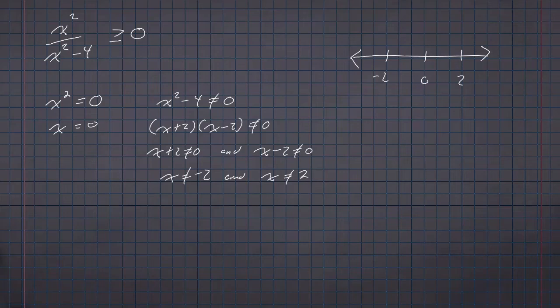And then, as we have been doing, pick a couple of points representative of each of the 4 regions this divides the number line into, like negative 3, negative 1, positive 1, and positive 3. Once again, I don't have the screen space to evaluate all 4 of those points, but go ahead, pause the video, plug x equals negative 3, x equals negative 1, x equals positive 1, and x equals positive 3 into the original inequality and see where the inequality is true and where it is false.